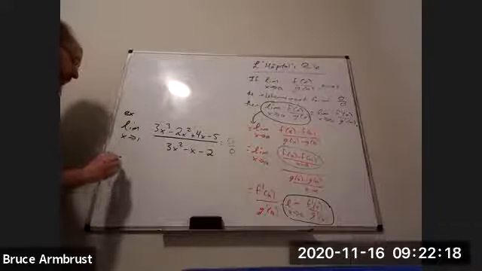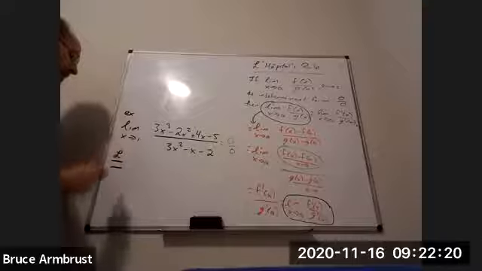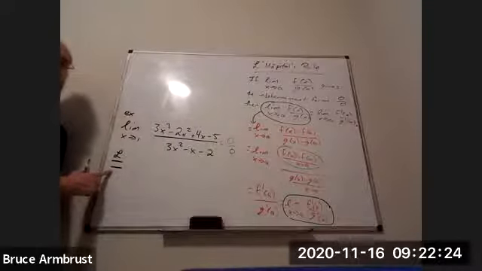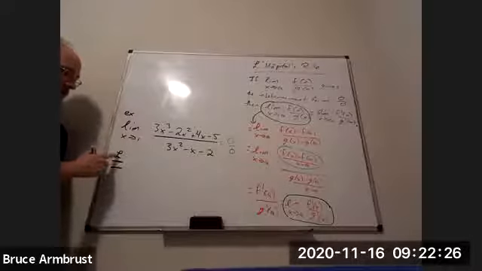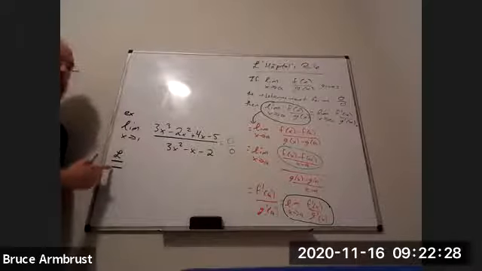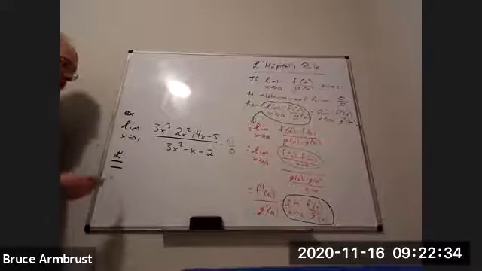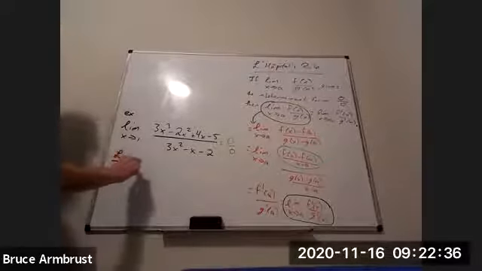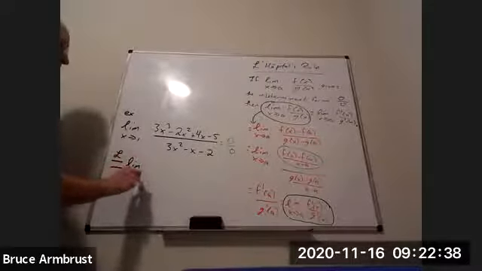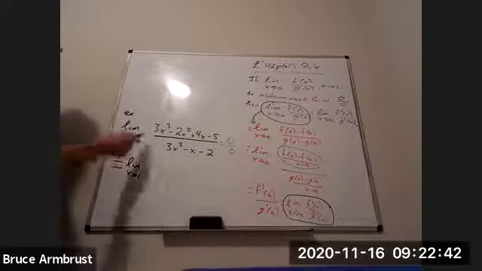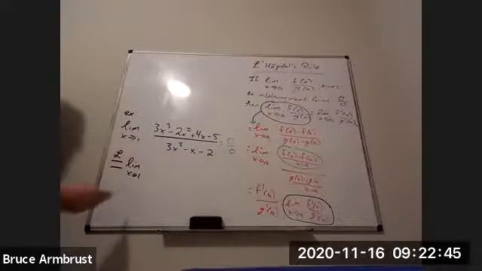Just so you know, this is Bruce notation for I'm using L'Hôpital's rule. I'm going to put over my equals a little curvy L. That means I'm doing L'Hôpital's rule. So L'Hôpital's rule says I'm going to get the same thing if I take a limit of the derivatives on top and bottom.